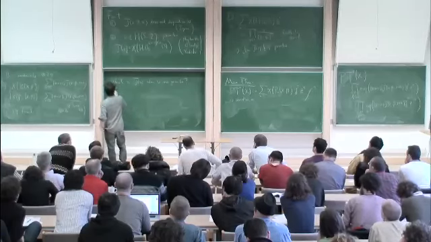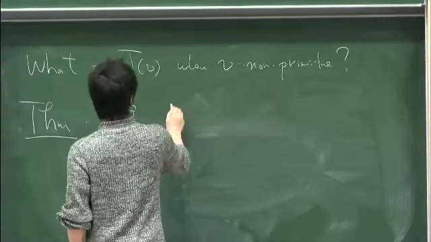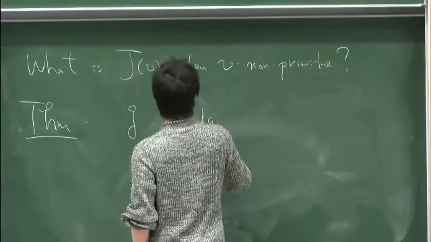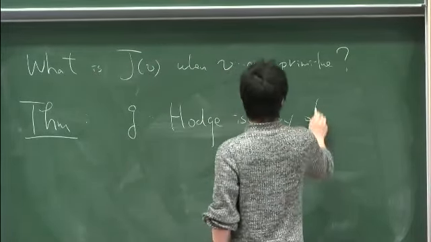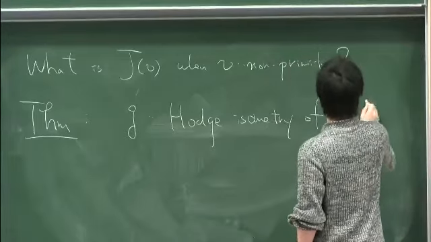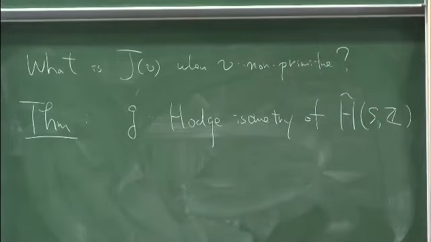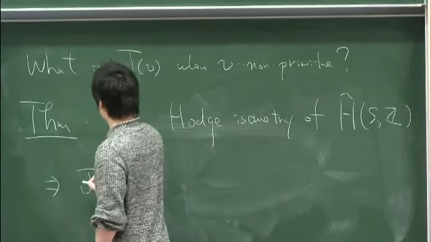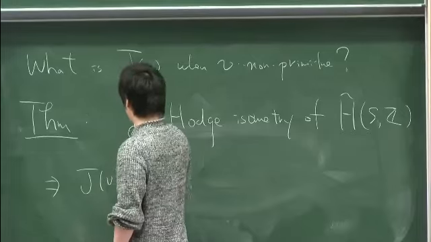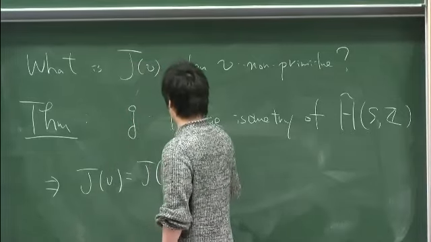One of them is: let g be a Hodge symmetry of the Mukai lattice. As I said, there is a weight two Hodge structure on this lattice. Then J_V is equal to J_{gV}.